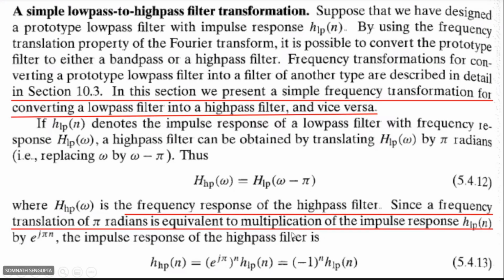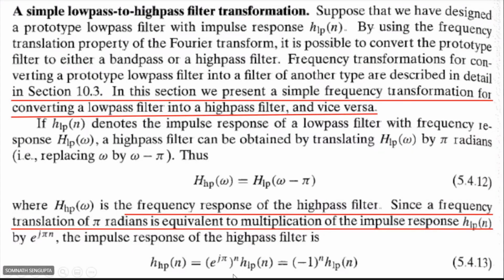So the high pass filter impulse response h_HP[n] is equal to the time domain impulse response of the low pass filter h_LP[n] multiplied with e to the power j pi n, using the frequency shifting property.